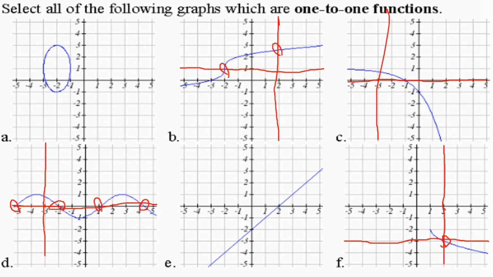But if there's a problem that gives a graph and you use the horizontal and vertical line test, and if you know that the graph is a one-to-one function, you know something about that graph. You know that there's exactly one input for every output.